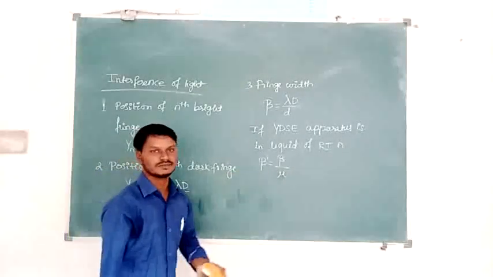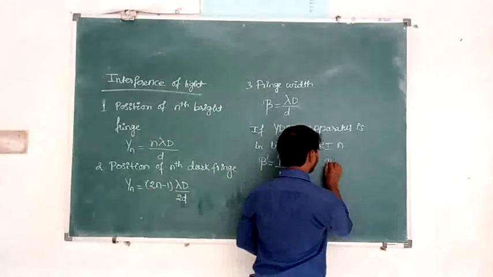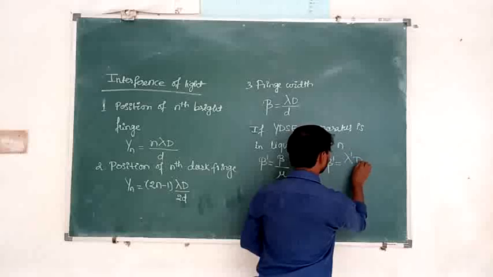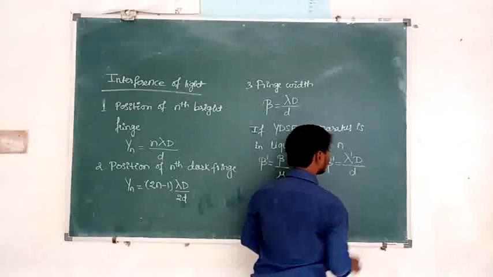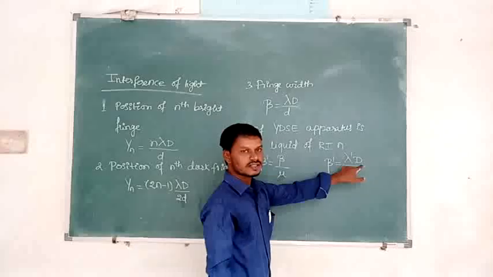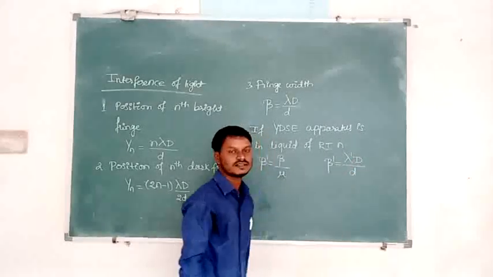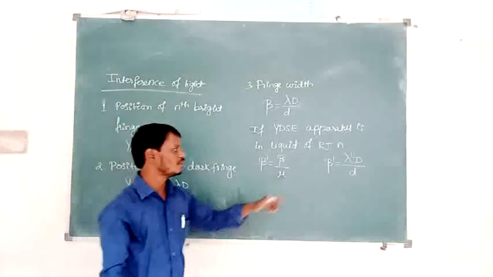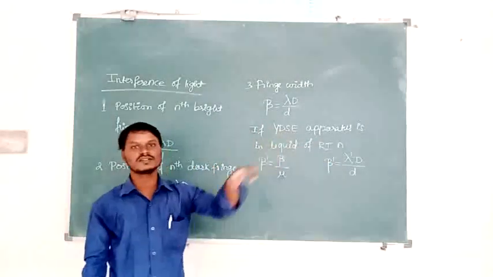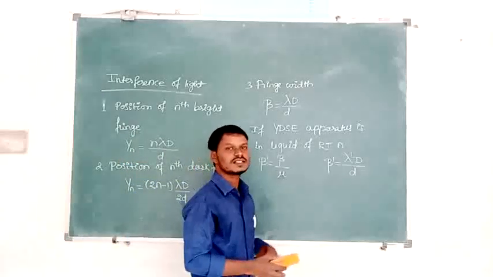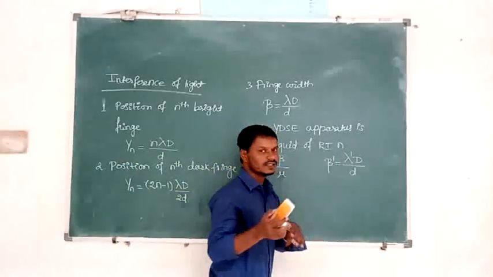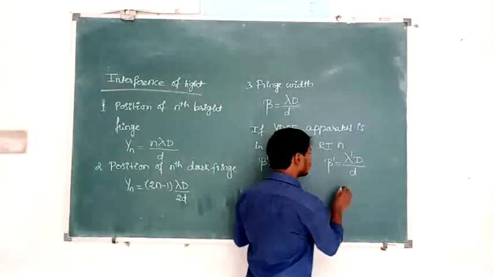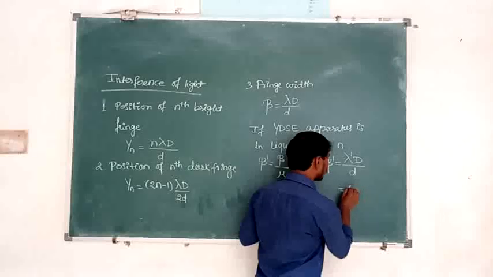So how did this formula come? Beta dash is equal to lambda dash D divided by d. Here the distance of the screen from the double slit and the liquid are both constants. But when we use a medium of refractive index mu, the wavelength changes, because wavelength depends on refractive index. Already we know that lambda dash is lambda by mu.